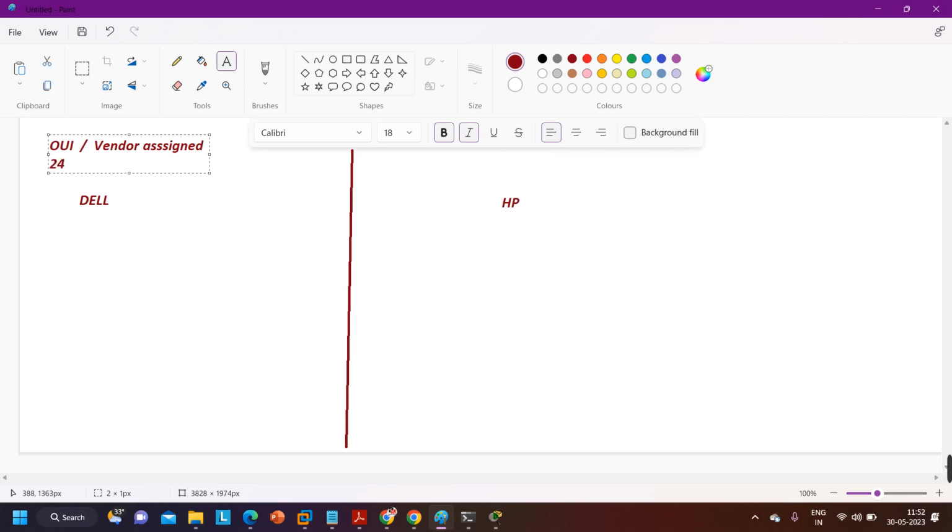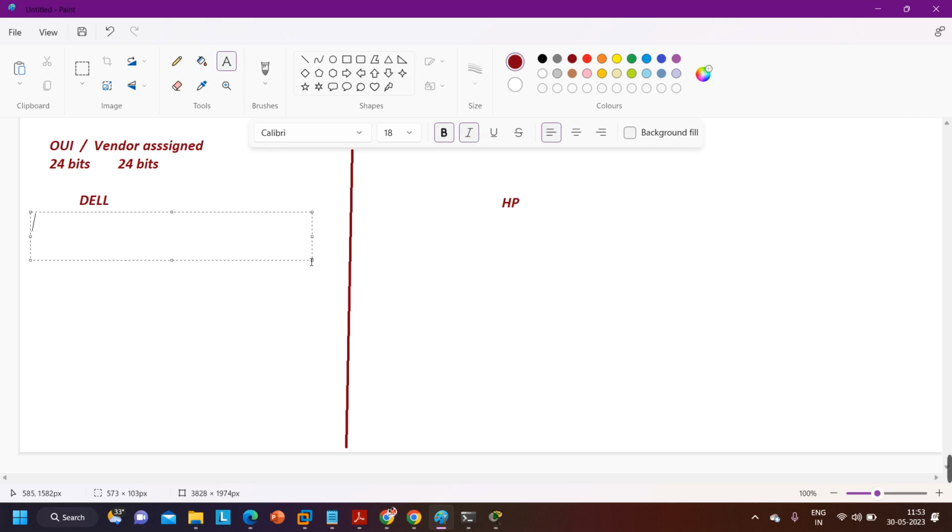OUI is first 24 bits, and vendor assign is last 24 bits. Okay. Now, if Dell want to manufacture their computer, they have to purchase OUI first from the IANA. So let's say Dell have purchased one OUI.